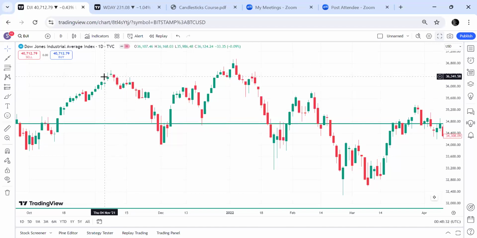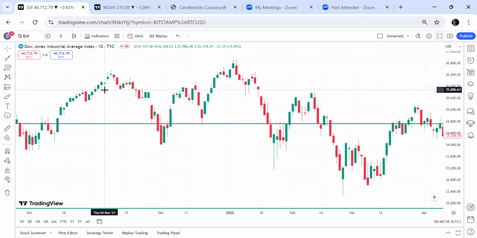So the difference between hammer and hanging man is that a hammer forms when the market is in a downward direction. The hanging man forms when the market is in an upward direction.